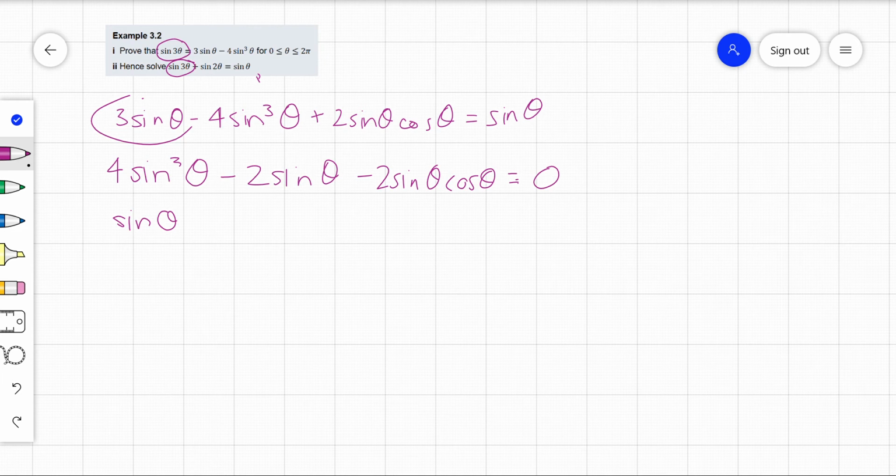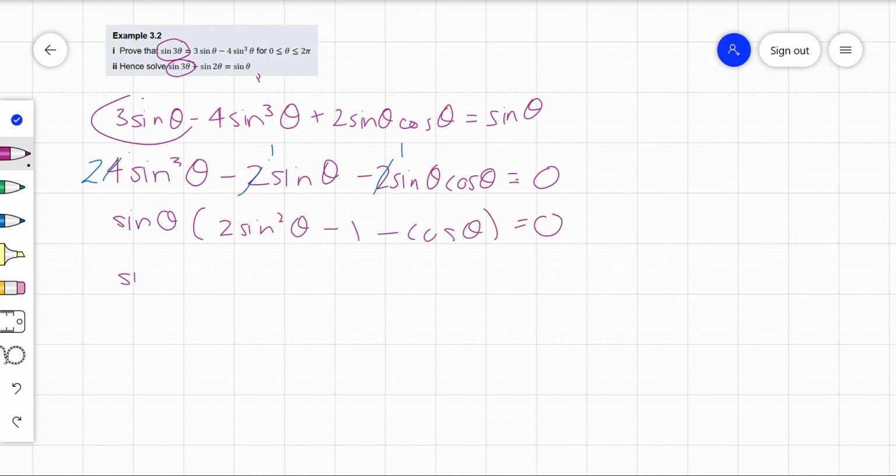Not only that, is it worth dividing through by 2 as well? So let's cheat a bit. Let's divide everything by 2. Alright, so I'm going to have sine theta outside of 2 sine squared theta minus 1 and minus cos theta.